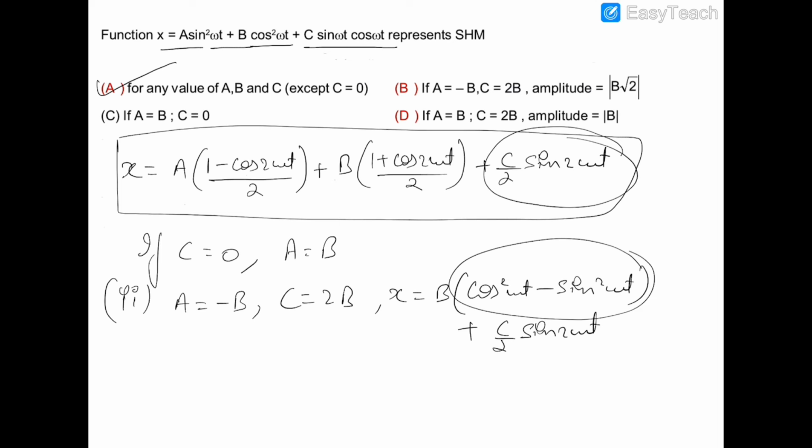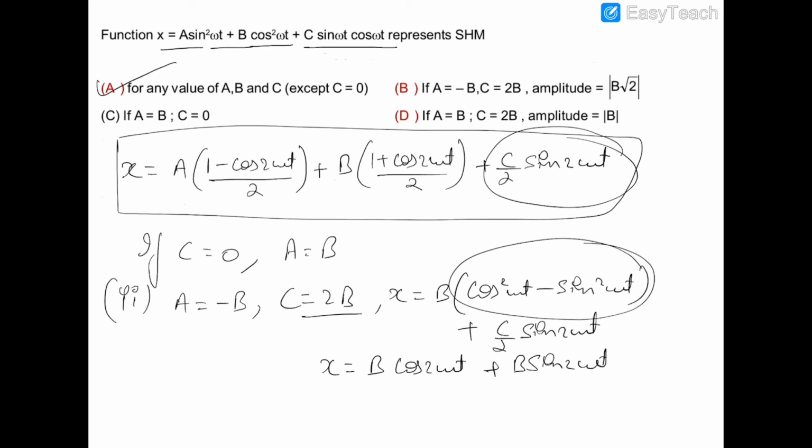So this function is cos 2 omega t, and therefore x can be written as b cos 2 omega t plus, this is c by 2, where c is 2b, so b sine 2 omega t.